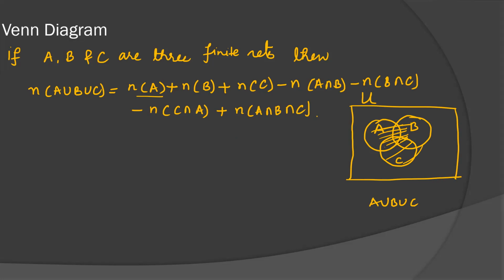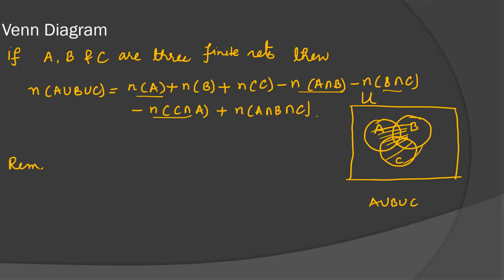Similarly, if you add B and C, then for adjustment you have to subtract these terms. You can see by drawing it yourself. This is very simple. By coloring and erasing in the Venn diagram, you can verify this formula.